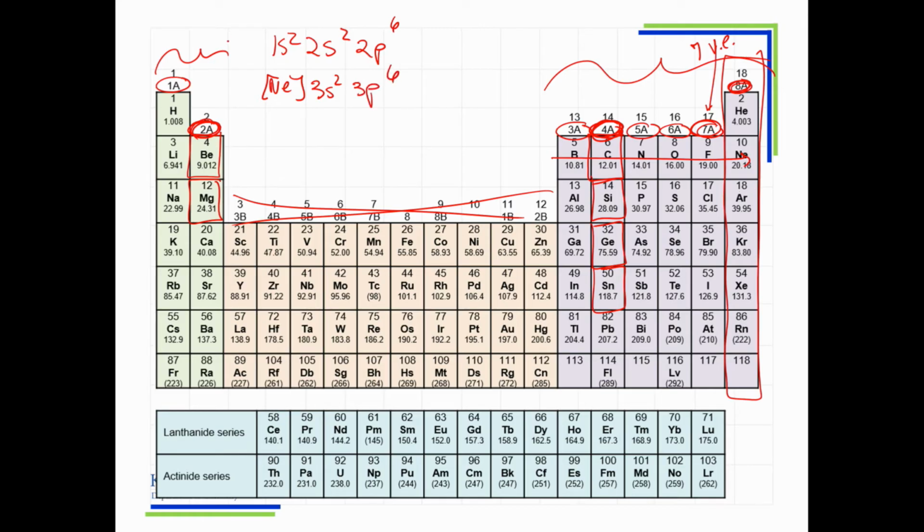This is neon's, this is argon's, okay? Krypton's would be argon's noble gas core, 4s2, 3d10, have to run across that D area, and then we hit the 4p all the way across 6. So we see that 2s2, 2p6, 3s2, 3p6, 4s2, 4p6, they all have 8 valence electrons in them.